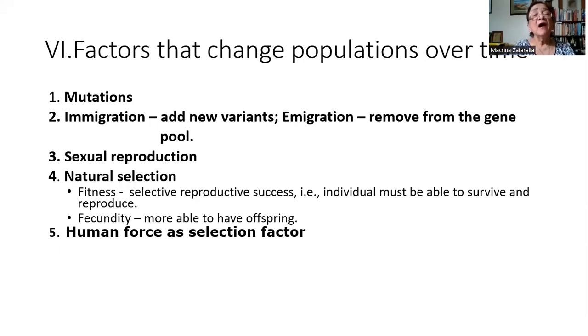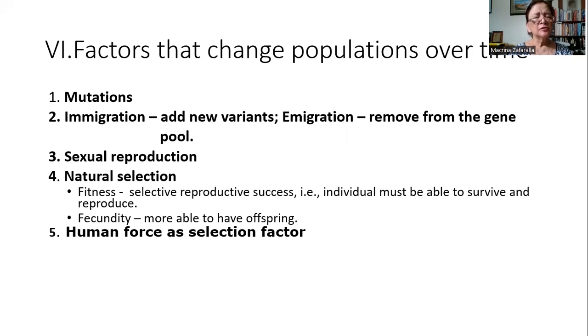Now let's look at the factors that change populations over time. This could be mutations, where mutation is a sudden heritable change. Another factor would be immigration, going in, an addition of new variants, or emigration when individuals leave the gene pool. Another factor to change populations over time is sexual reproduction.